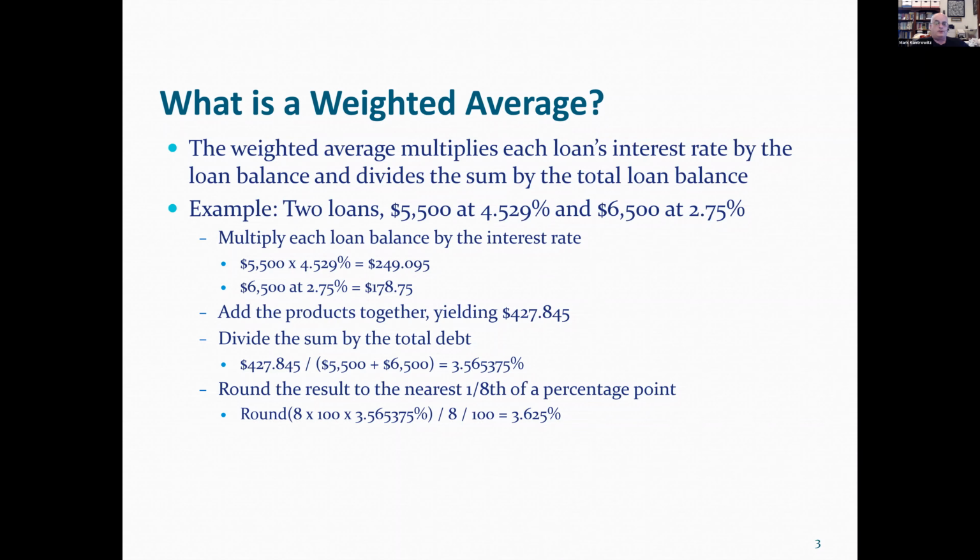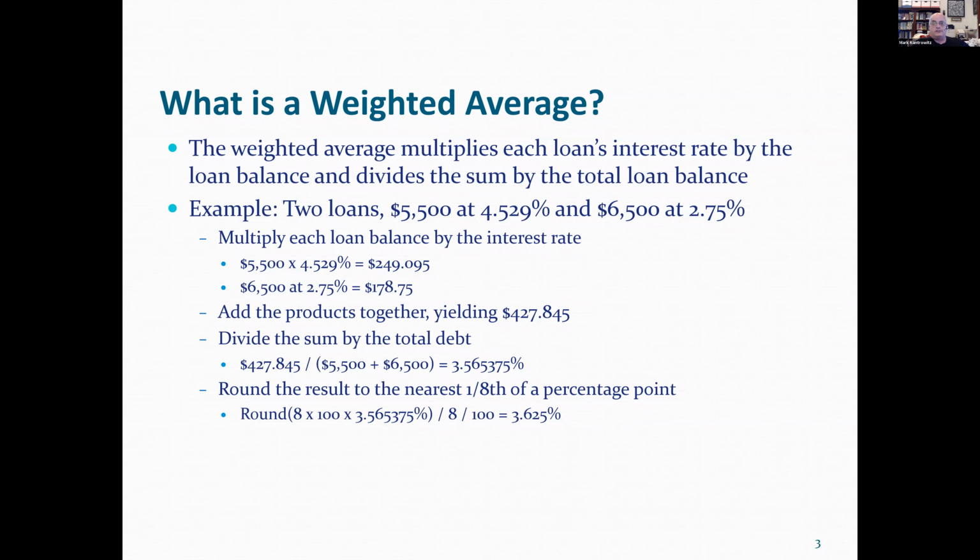So when we multiply each loan balance by its corresponding interest rate, we have 5,500 times 4.529% and 6,500 times 2.75%. Those products sum to $427 and change. Divide that sum by the total debt, which is $12,000, and we get 3.56%, with some odd fraction. Now, if we round this to the nearest 1/8 of a percentage point, we get 3.625%, in other words, 3 5/8 percent.